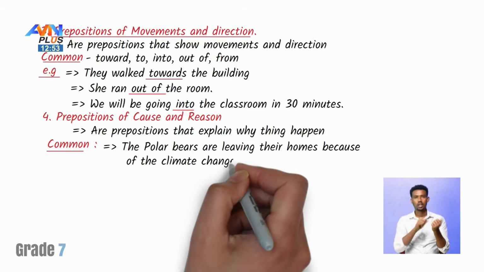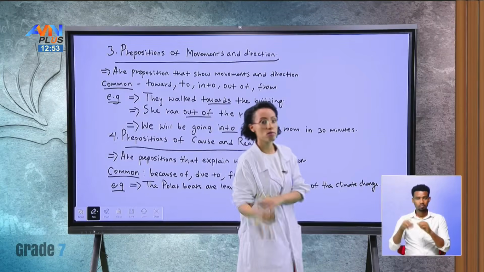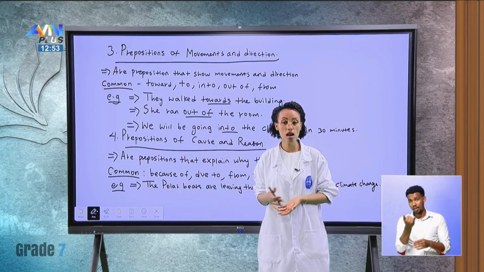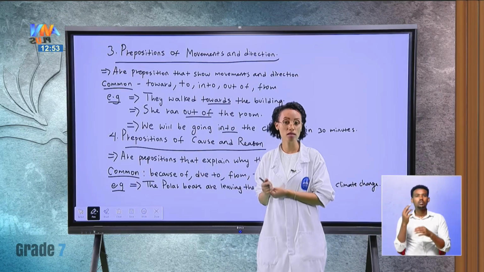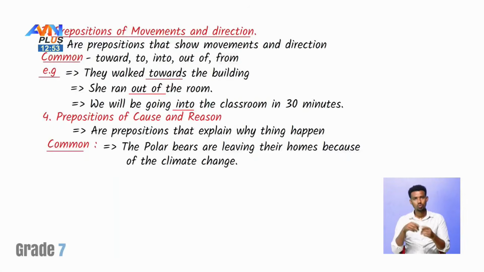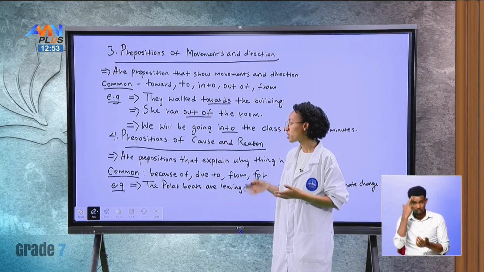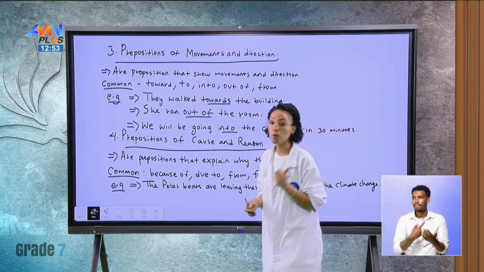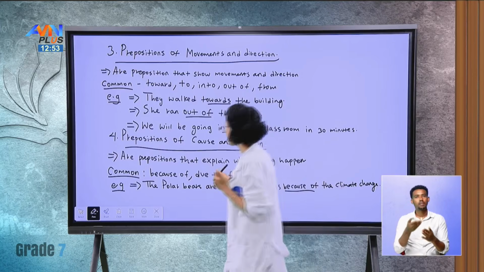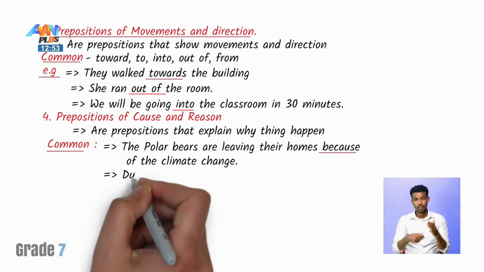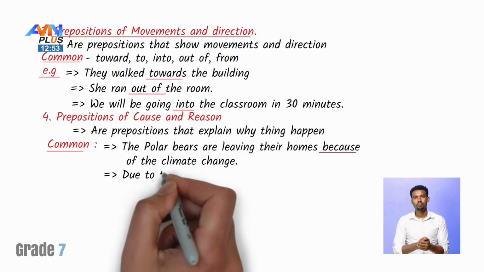The polar bears are leaving their homes, the place they are living in. Why? Because of climate change, it is making them to what? Leave. So we are giving reason here. We're giving cause, we're giving reason here. That is the preposition of cause and reason. We explain why something happens.